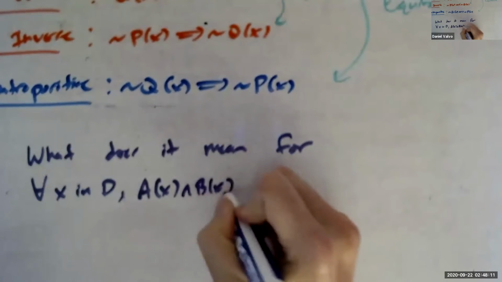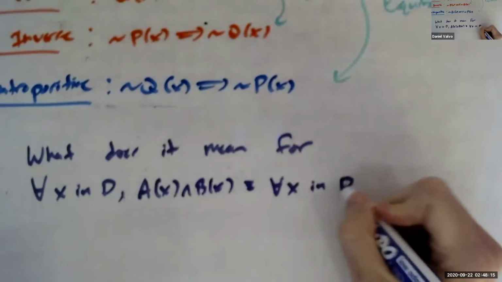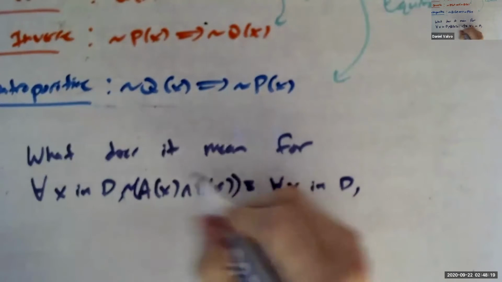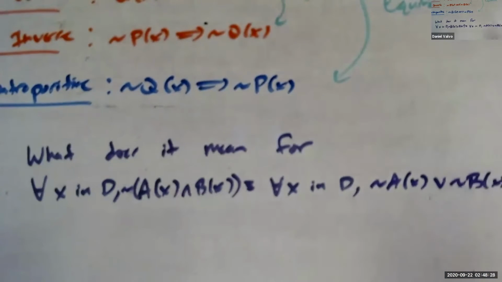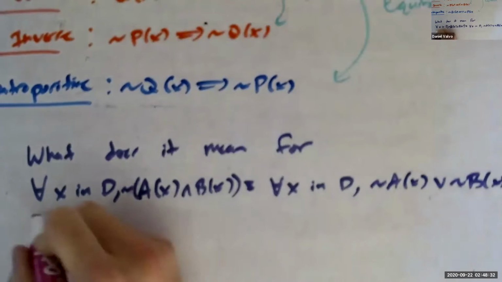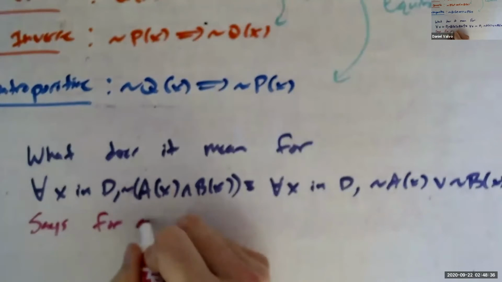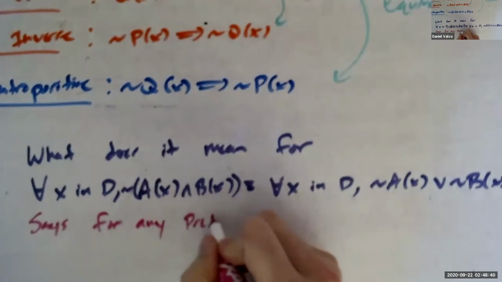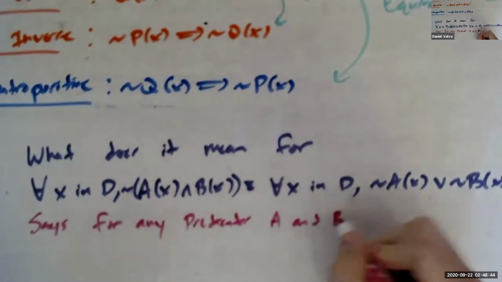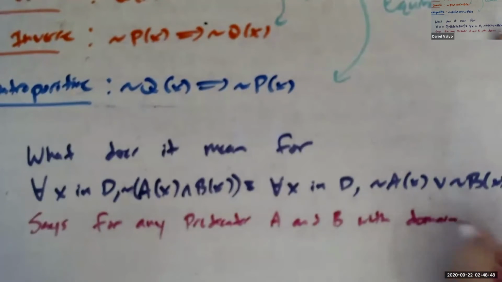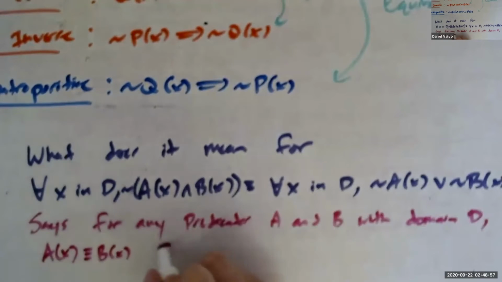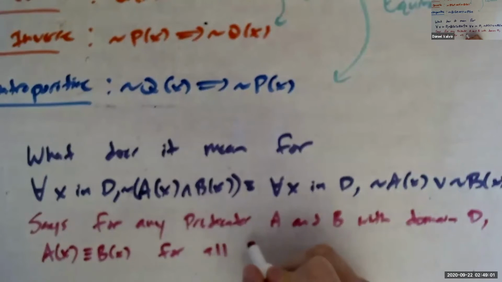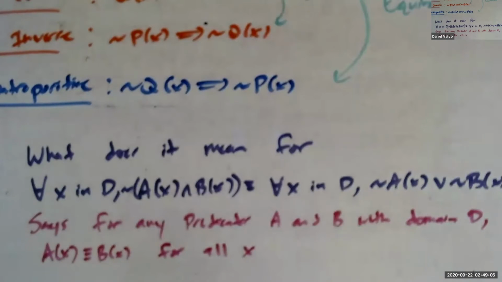What if I say this: the negation of this whole thing is going to be equivalent to not A of X or not B of X. So what this is saying is, for any predicates A and B with domain D, A of X is equivalent to B of X for all X.